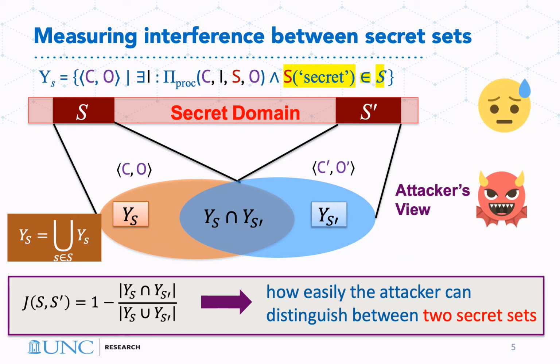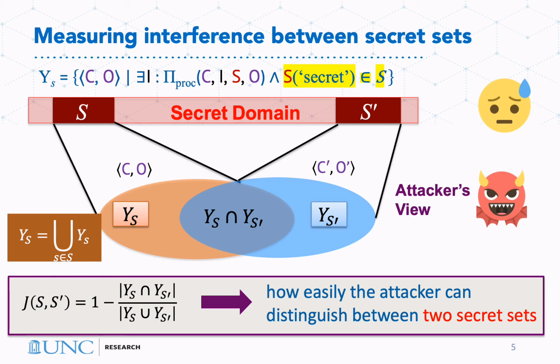To measure leakage in various dimensions, including how often and how much information leaked, we propose to measure the interference between two secret sets. Thus, the attacker's view Y_S includes all possible C, O tuples for the secret values inside of set S. When the secret set size is small, it will be more sensitive to how often the secret leaks.